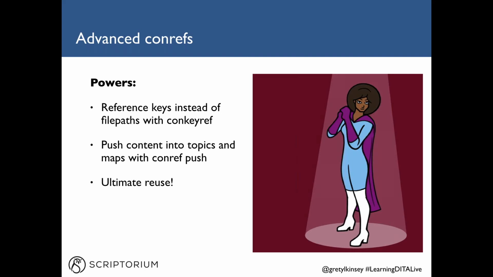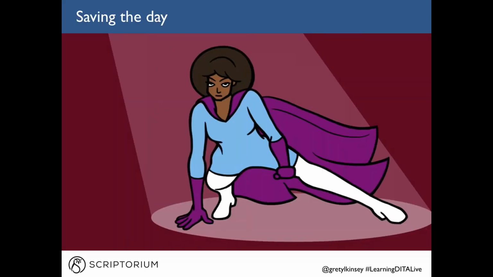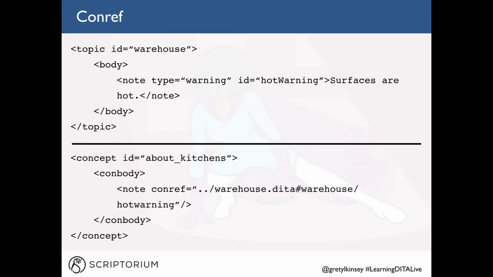And if you have a need for any of these more advanced functions that an ordinary conref cannot achieve, you might want to call on one of these advanced mechanisms to help give you ultimate reuse. So what makes things like conkeyrefs or conref push different from a conref, and how do we use them? How do we call them in to save the day? Let's take a closer look.